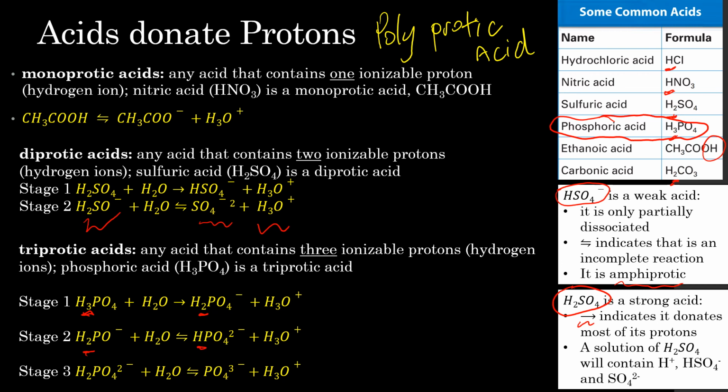So H2PO4 minus will become HPO4 2 minus, and then, whoops, I should colour that in. Yeah, we should only have 1 hydrogen ion there, sorry. And then that will dissociate to form the phosphate ion, which is PO4 3 minus, and hydronium ions.